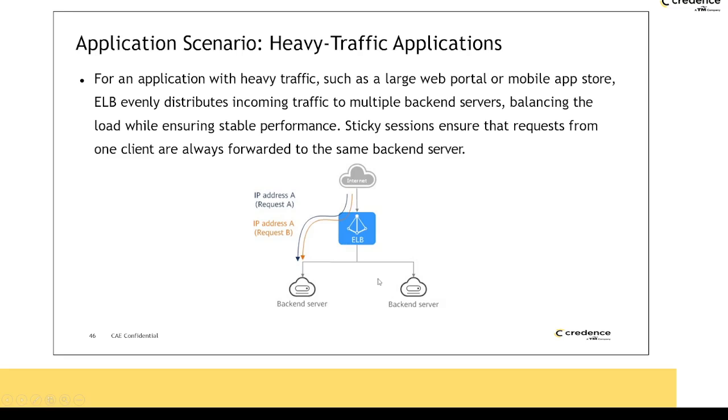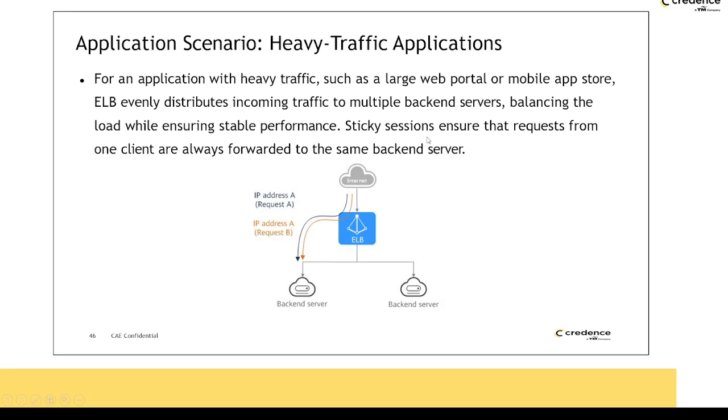Alright, so for example, the application scenario. Let's say we have a heavy traffic application. For an application with heavy traffic, such as a large web portal or mobile app store, the elastic load balancer is able to evenly distribute incoming traffic to multiple backend servers by balancing the load while ensuring stable performance.